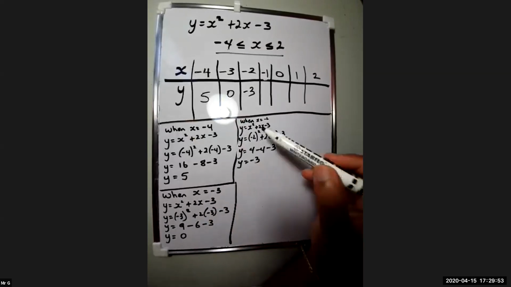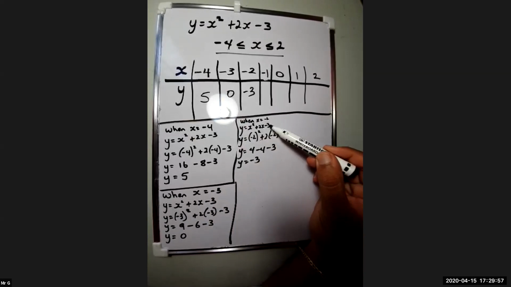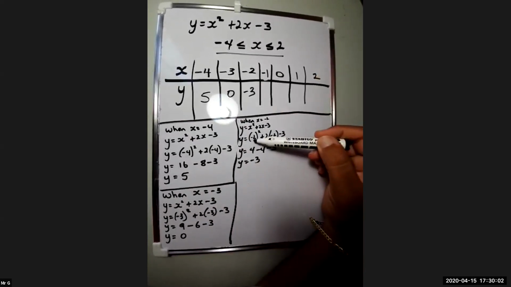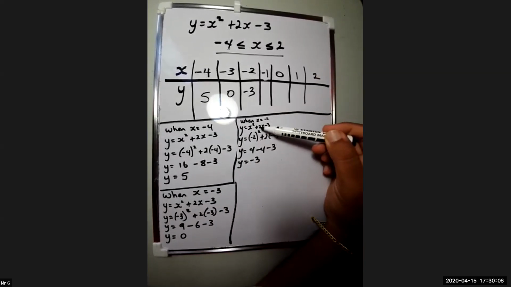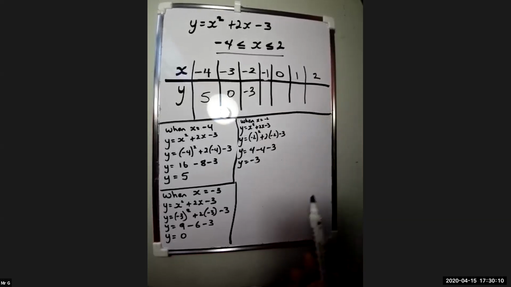Y is x squared plus 2x minus 3, and we are using x is equal to negative 2. So negative 2 squared plus this 2 here into x, which is negative 2 minus 3. Oh, okay. Understand? Yeah.